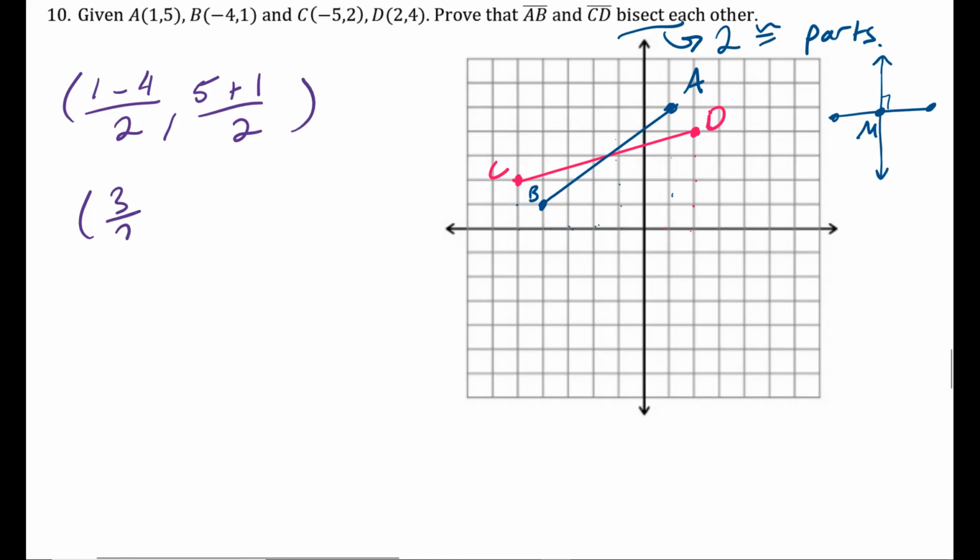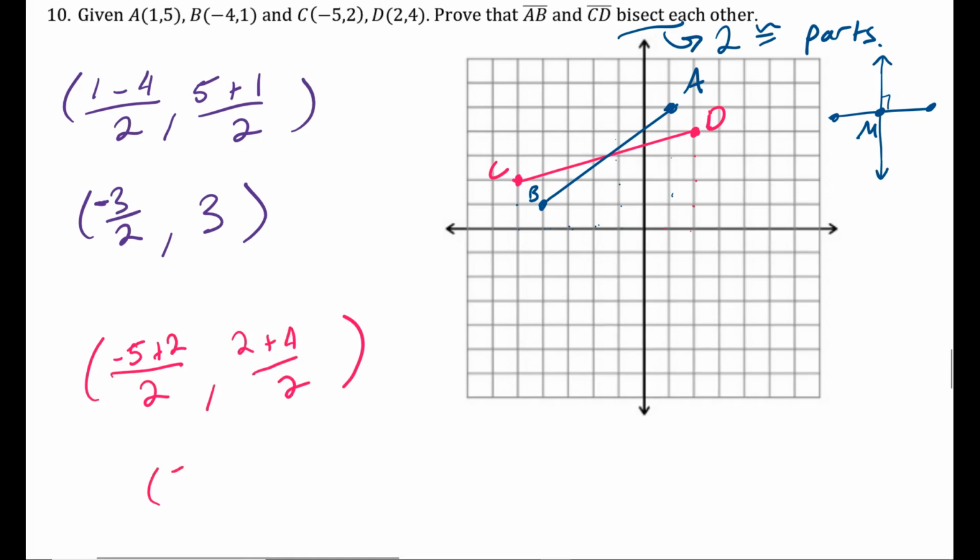So I get 3 over 2, comma, 5 plus 1 is 6, divided by 2 is 3. For CD, when we add those up, we get -5 plus 2 over 2, and 2 plus 4 over 2. So again, when we simplify this, we get -3 over 2, comma, 3.